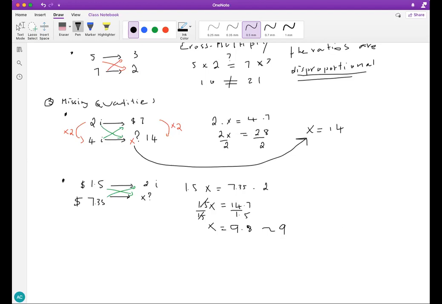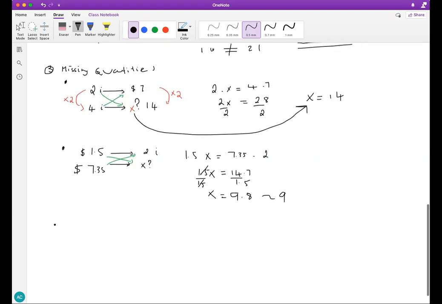So it's close to maybe 10 items. But if it's something that cannot be split, like a fruit, you may say approximately 9 items. So if you have 7.35 in your pocket, you say, oh, I'm going to buy at least 9 items and have some change left. It doesn't have to be accurate, but just get the closest whole number possible.